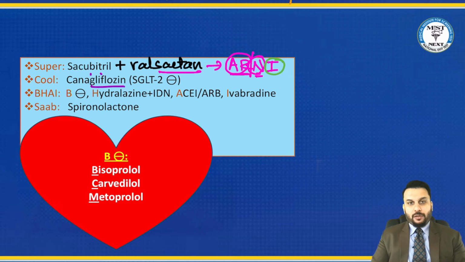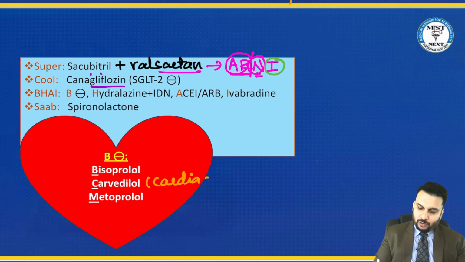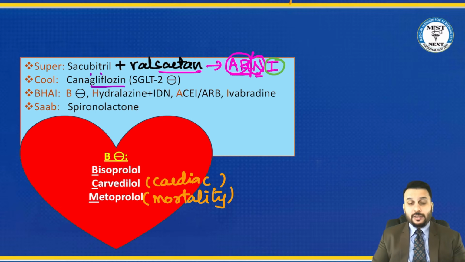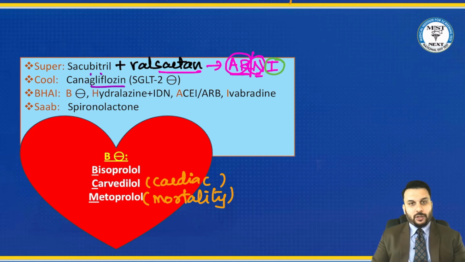Okay. Next, some beta blockers which are important here. So basically they are the ones that cause a decrease in cardiac mortality. Okay, big cardiac mortality drop.